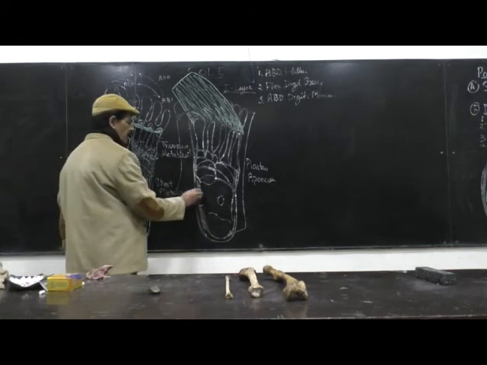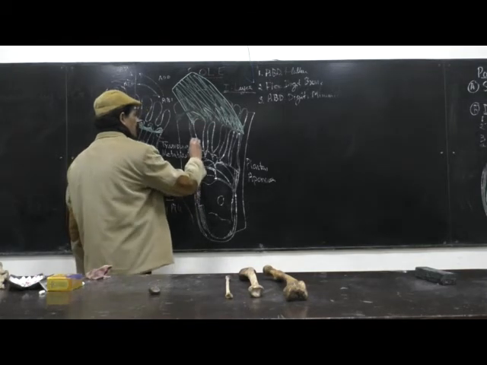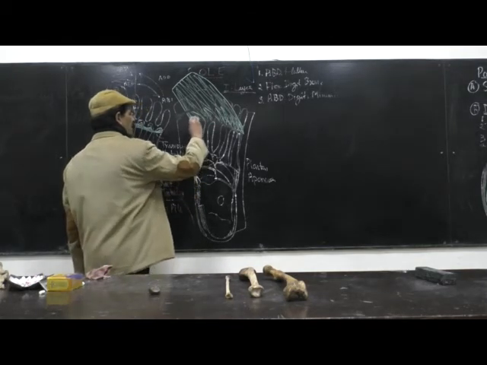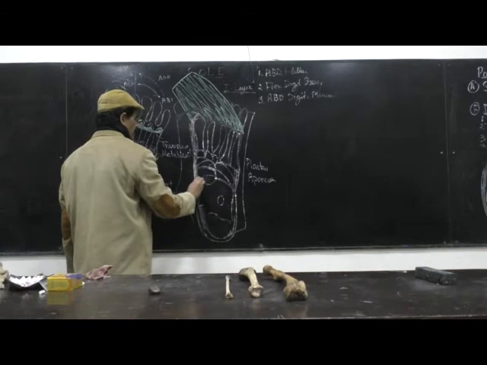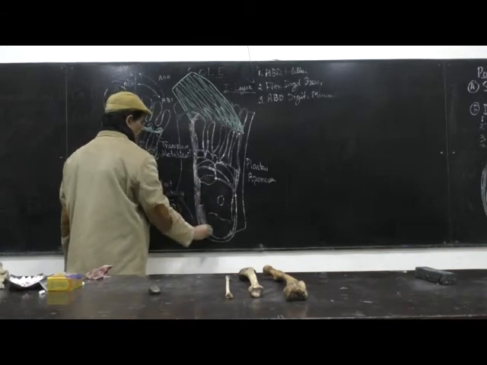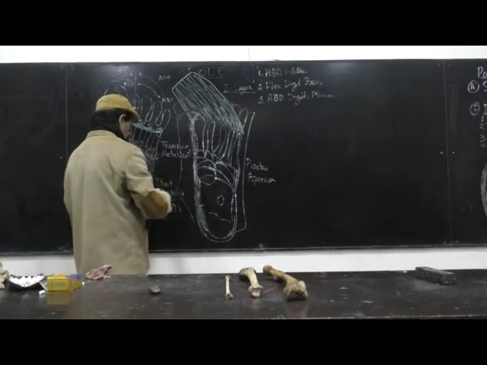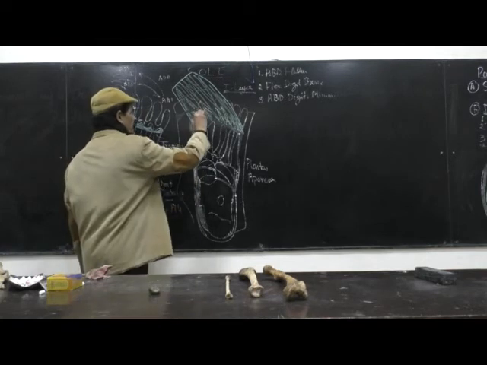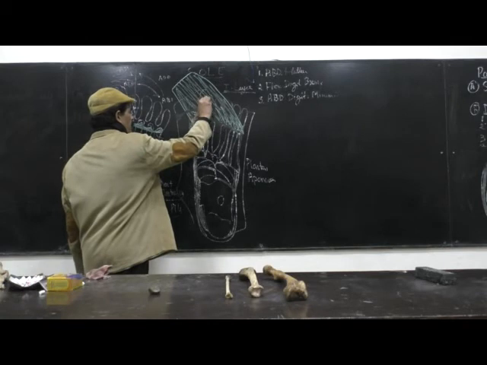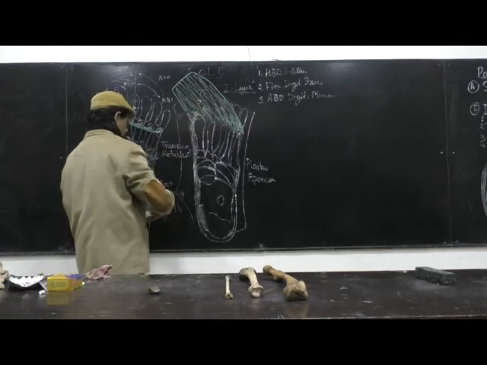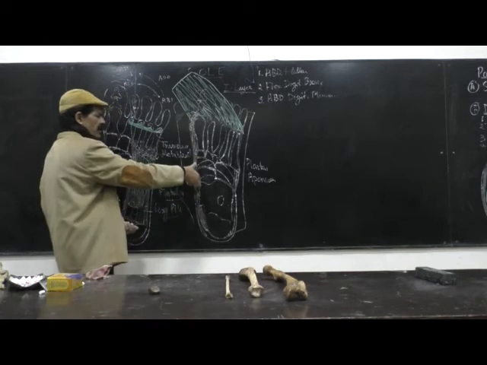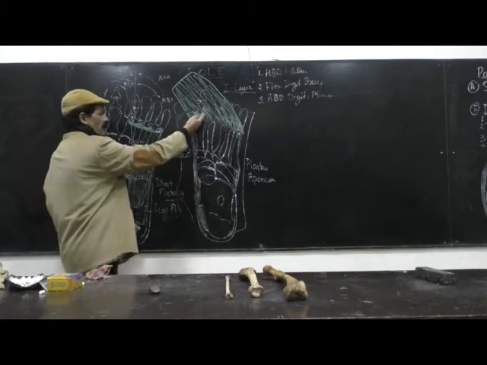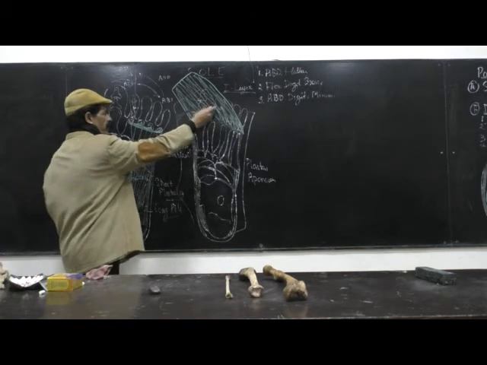From this origin it goes medially and is inserted on the medial aspect of the base of the proximal phalanx of the great toe. So whenever this muscle contracts, the proximal phalanx will go away, and this is the abduction.